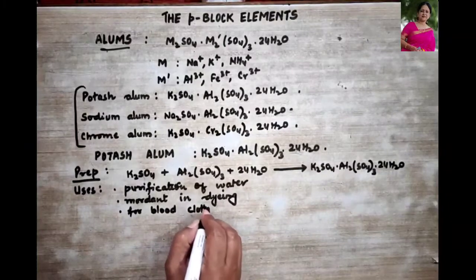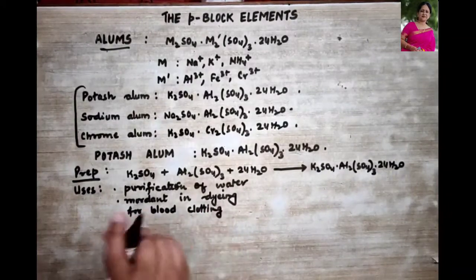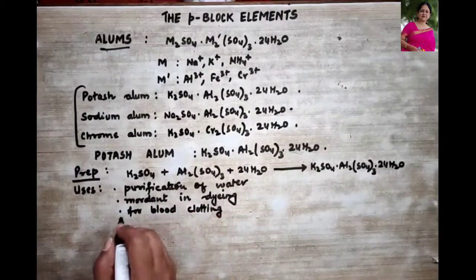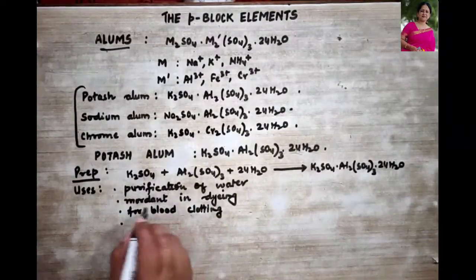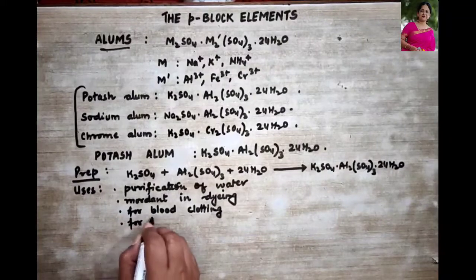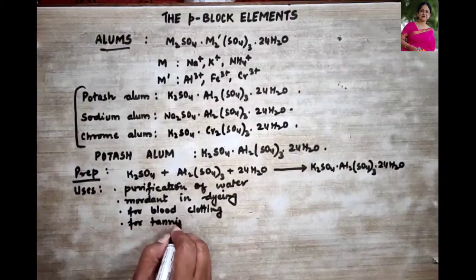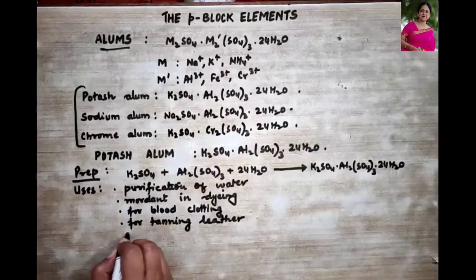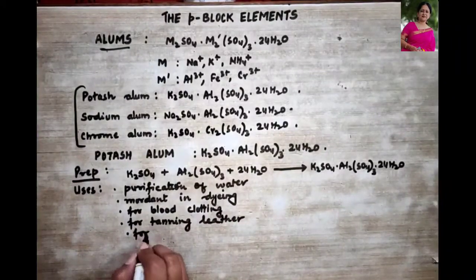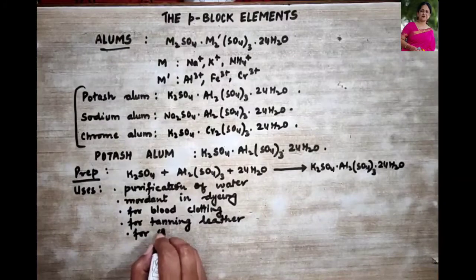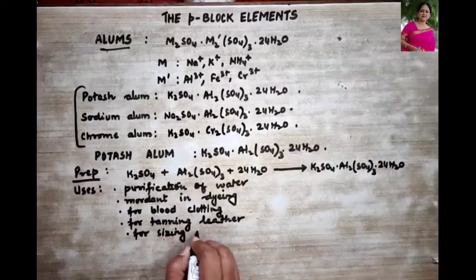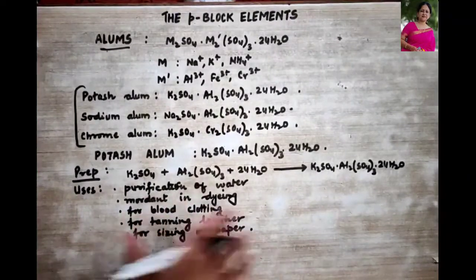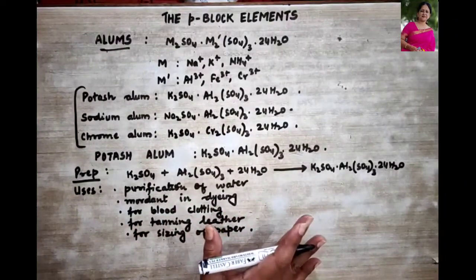Suppose there is a lot of bleeding, then people apply potash alum over it. It prevents the extra bleeding. Then it is also used for tanning leather. Then it is also used for sizing of the papers, and so on, right? So these are some of the uses of alums.